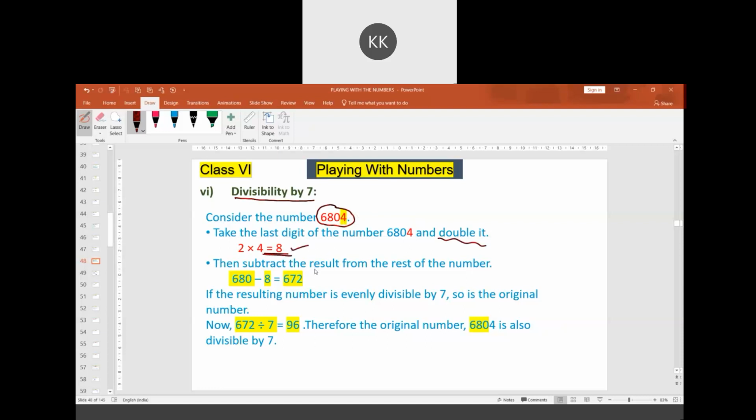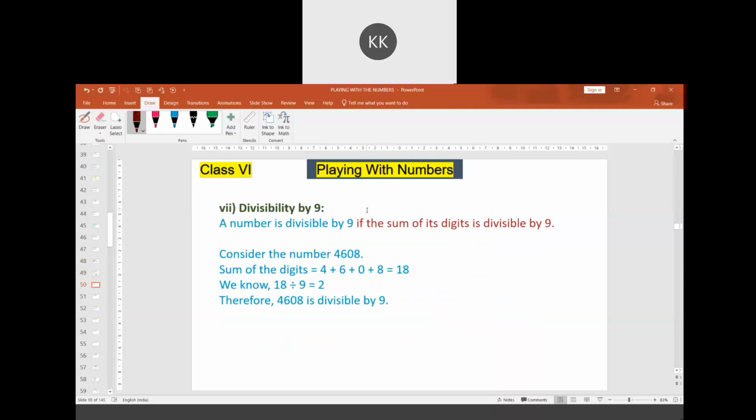This 8 I am subtracting from the number found by the remaining digits, 680. I get 672. Now I divide 672 by 7 and it is exactly divisible. Therefore, I can say that 6804 is also divisible by 7. This is not in the book.